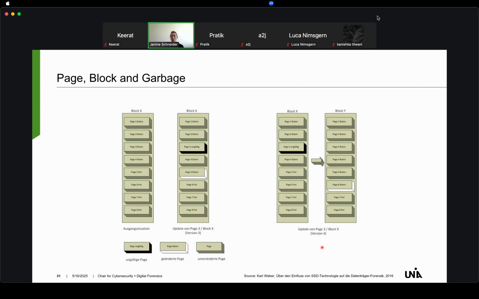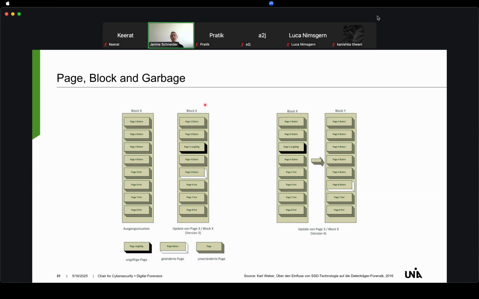Strategy 4 works the same as strategy 3. We have a block X. We have page 3. We want to update it. We write the updated content to another free page, but this time in another block, in block Y instead of block X. And we mark the original page 3 as invalid.